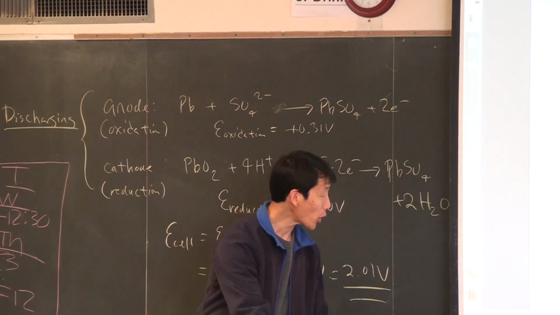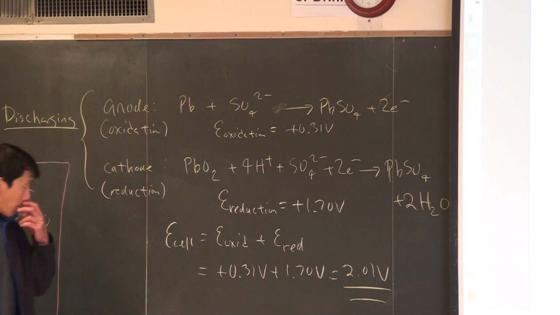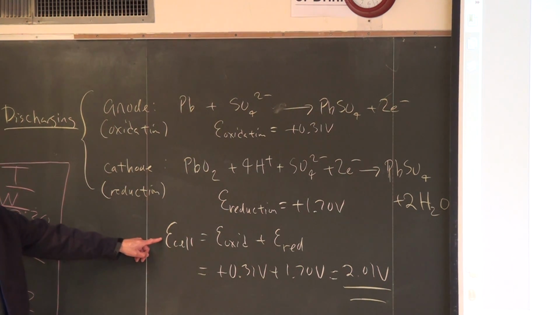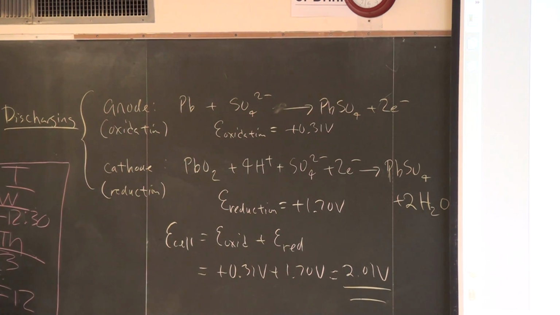And note again, for a discharging reaction for a battery, E cell must be positive, and the reason it has to be positive based on thermodynamics is because of what equation?